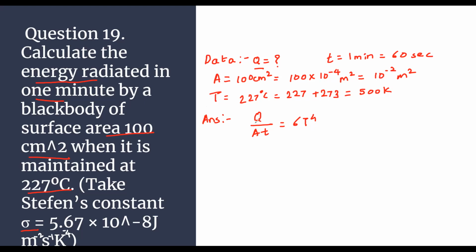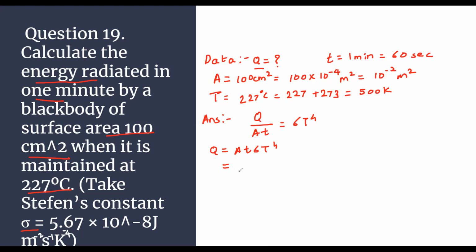Now we need to find out capital Q, so we'll just arrange this formula: Q equals A into T into sigma into T raised to 4. Now we'll put all the given values.